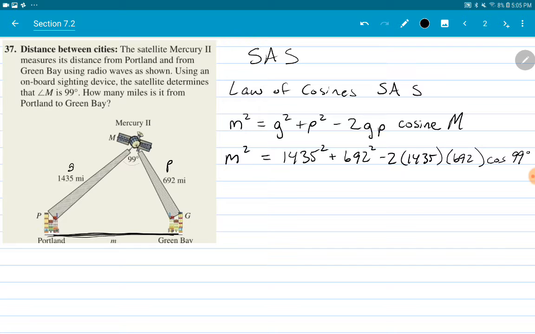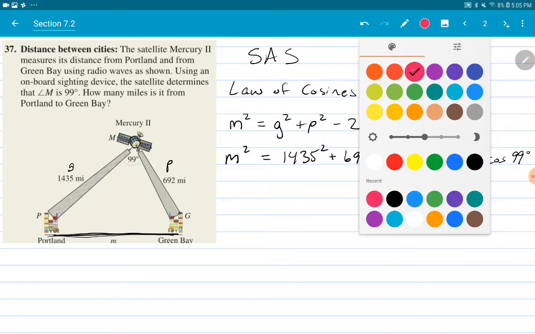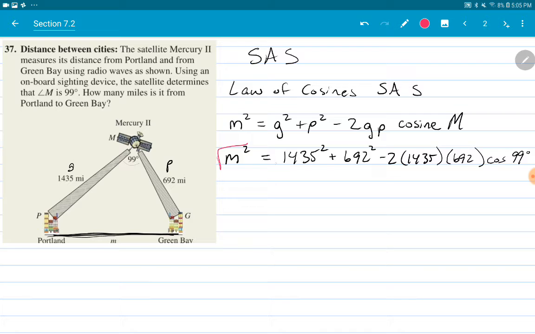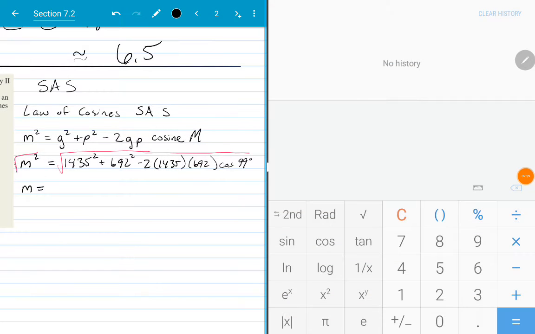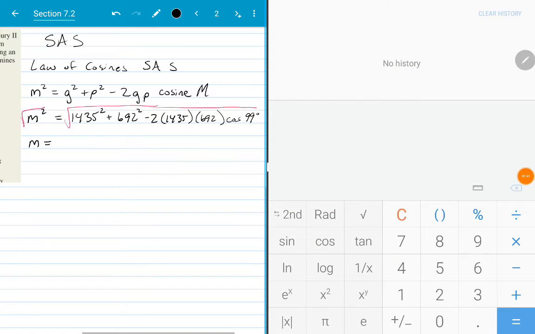And then just putting that into a calculator, I'm also going to add that last step of taking the square root of both sides. I don't have to do plus and minus because I know it's a distance, so it's going to be positive. So I get, solving on the left, m equals, and then I use a calculator on the right.